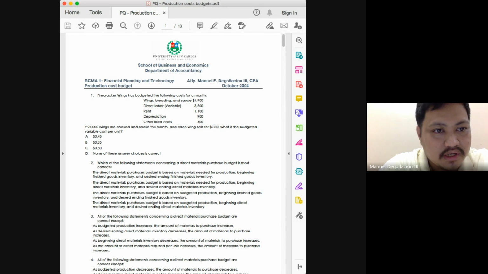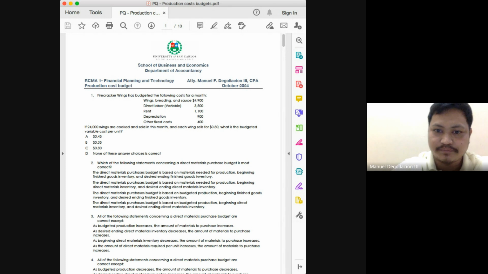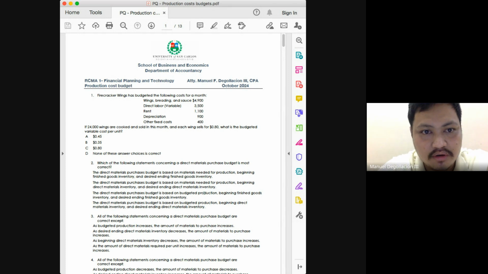So the challenge here on your part would be to determine which of these costs would be considered as variable or fixed cost. Okay, so the first line here, which is your wings, breading, and sauce, which we've mentioned would represent your materials.